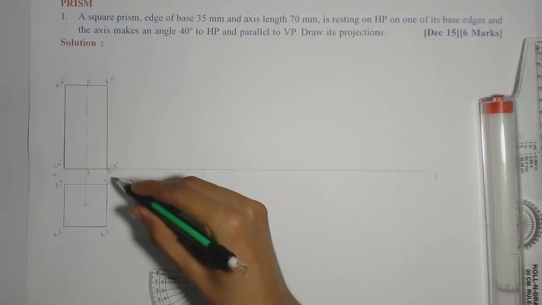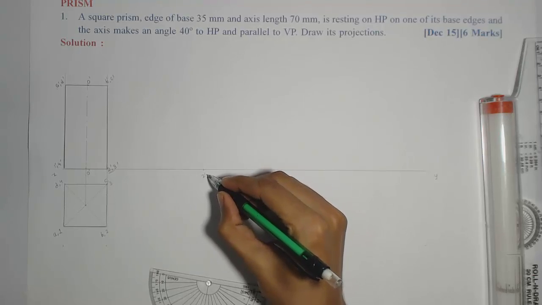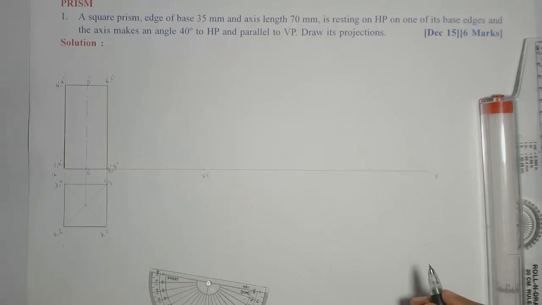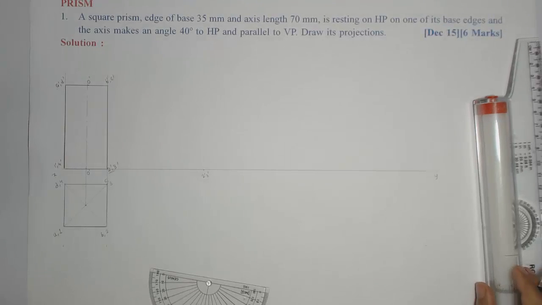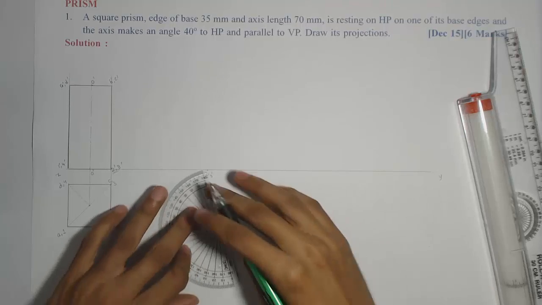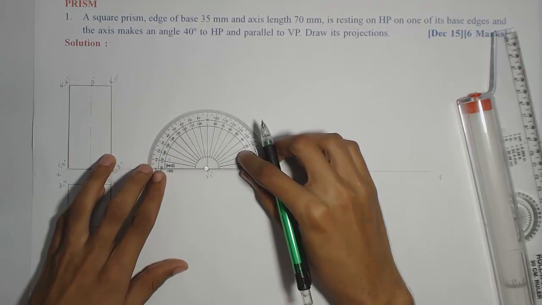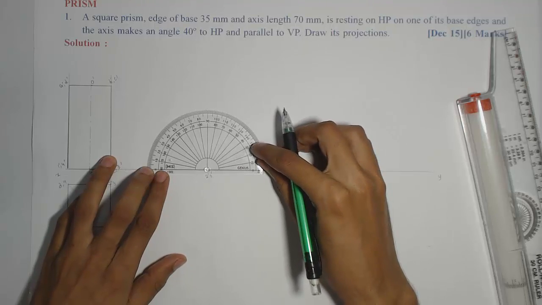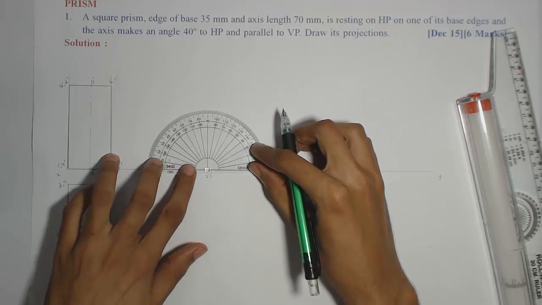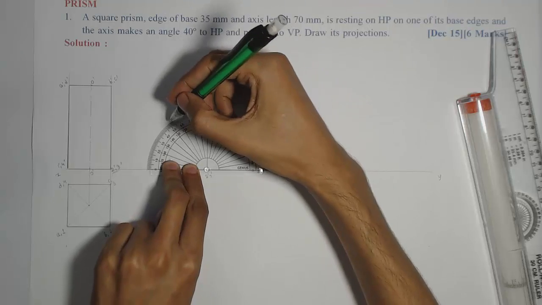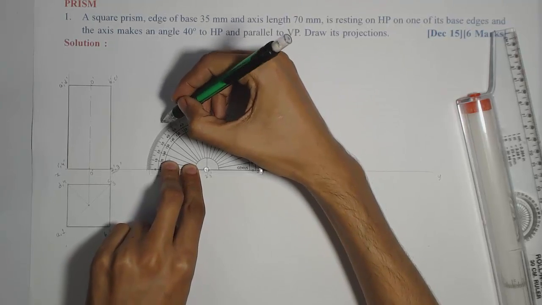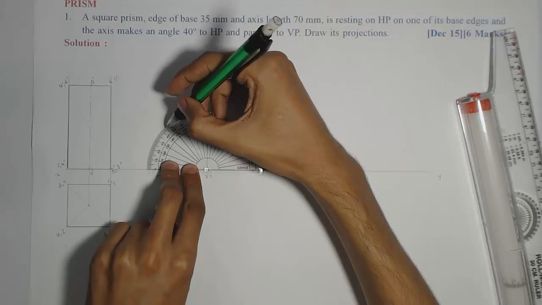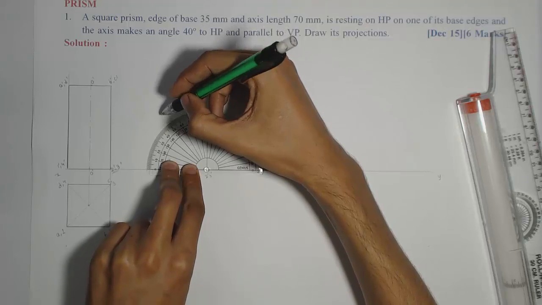I'll locate this point 2 dash 3 dash here because I need to keep it in the HP. That means on the XY only. Now I'll measure an angle of 50 degrees, because the axis and base are perpendicular to each other. So if the axis is making an angle of 40 degrees with the HP, the base will make an angle of 50 degrees.